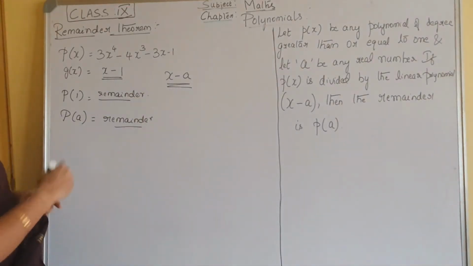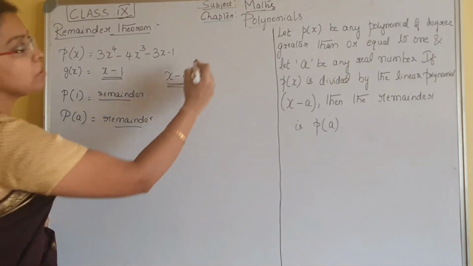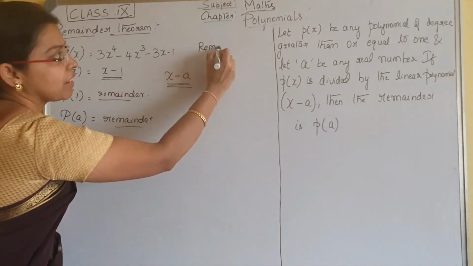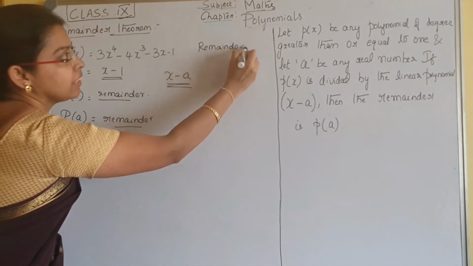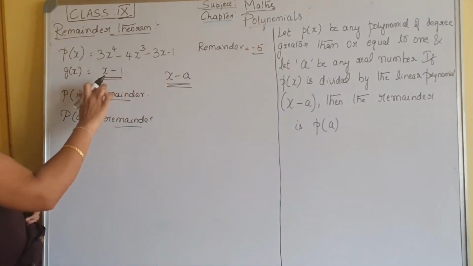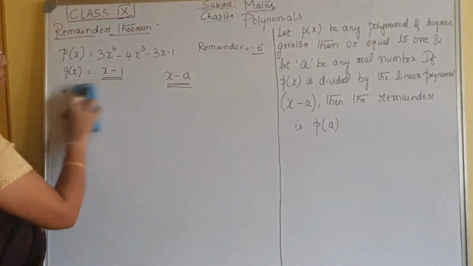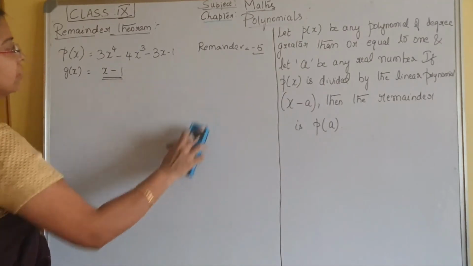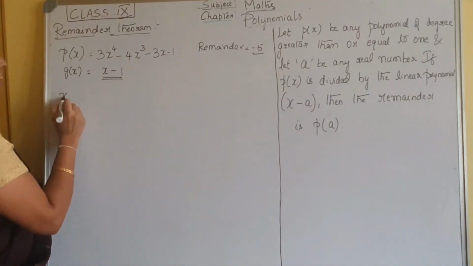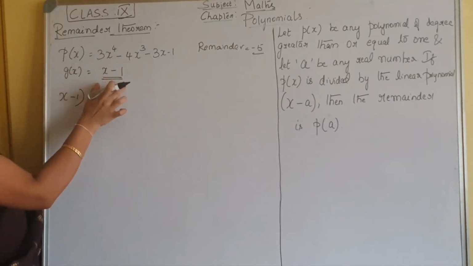So we will apply this to the previous example which we did by the long division method, where we got the remainder value as -5. We will apply the remainder theorem to the same problem and check whether the remainder is -5. Now this is the divisor, x minus 1, by which this polynomial is divided, g of x.